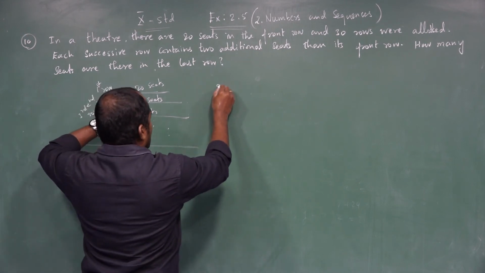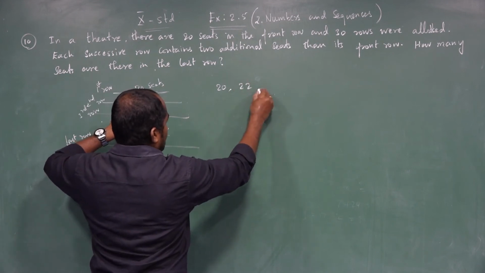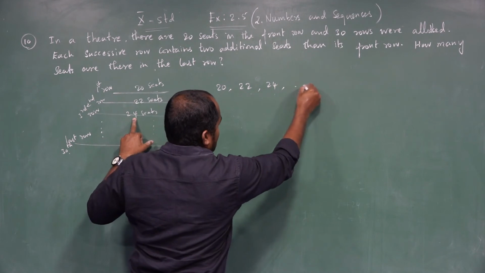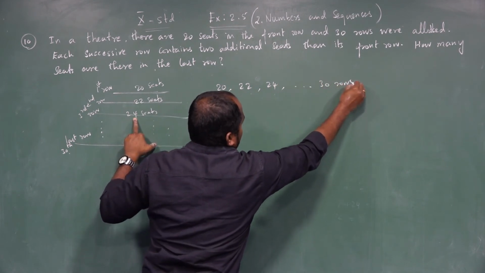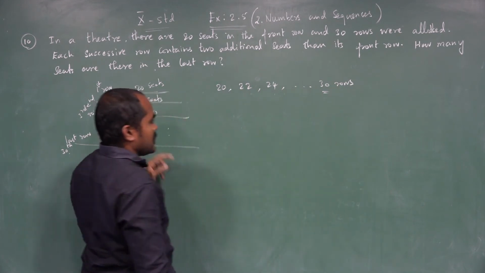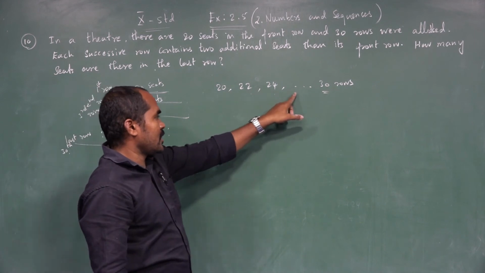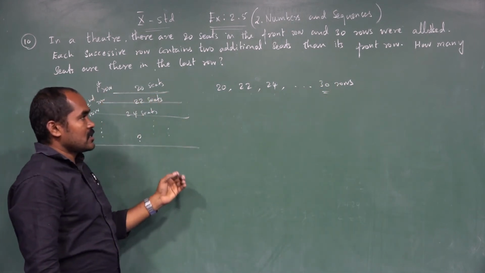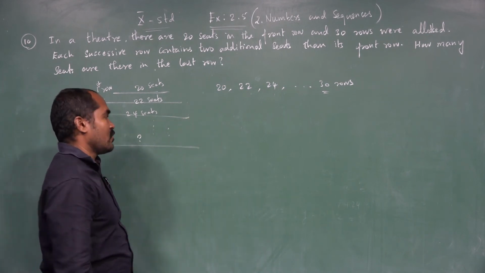First row, second row, third row, etc., up to 30 rows. Not 30 seats, there are 30 rows. So how many seats in the 30th row?